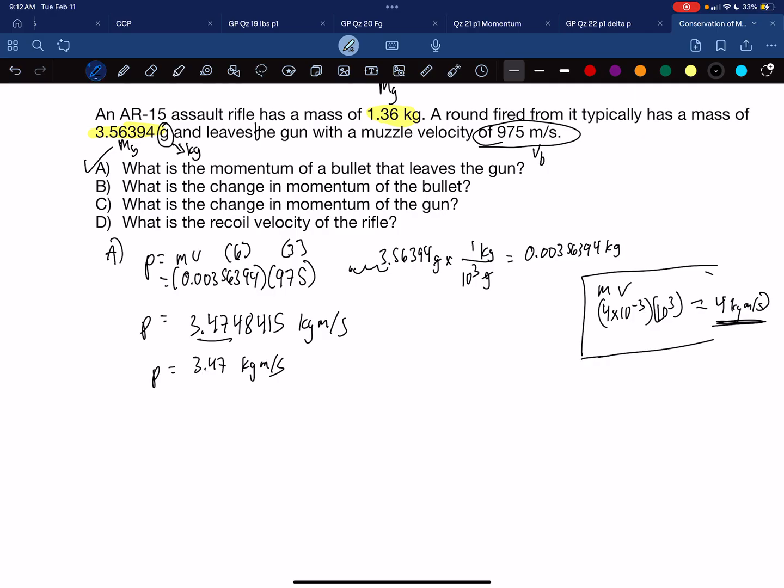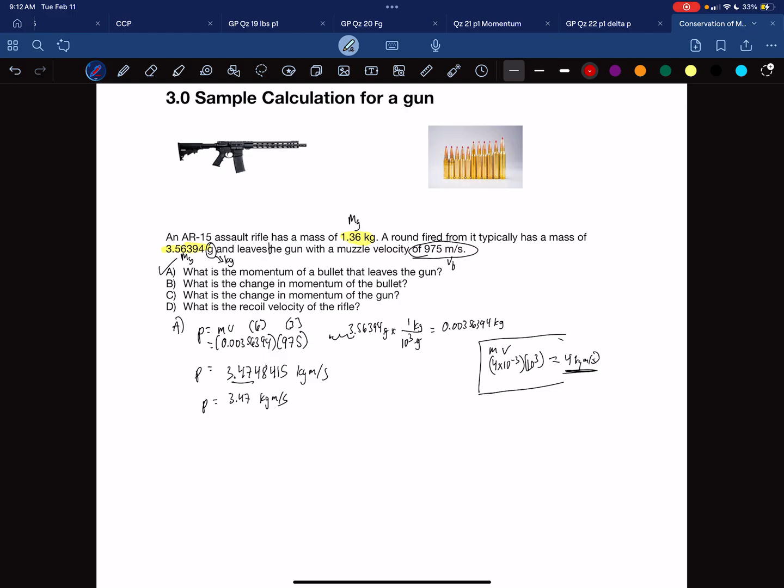What is the change in the momentum? The bullet is inside the gun before it fires, so its initial momentum was 0. If it ended up with 3.47, then the change in momentum is equal to the final momentum.